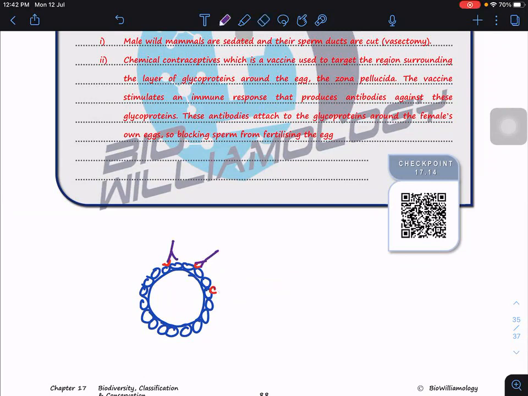When it binds to this receptor, the sperm cells cannot bind, which reduces fertility, or reduces the chance for the sperm to penetrate and fertilize the egg.